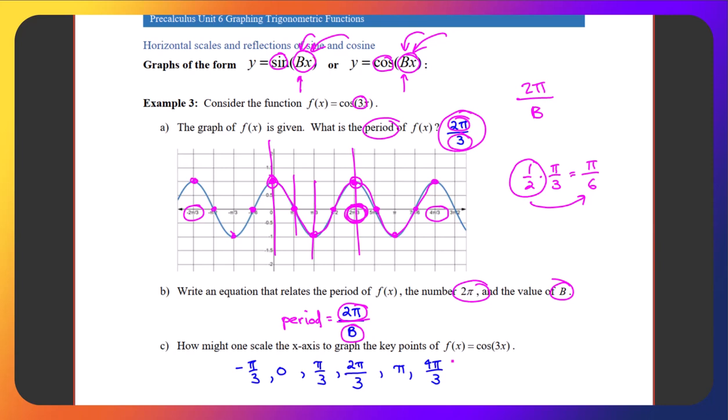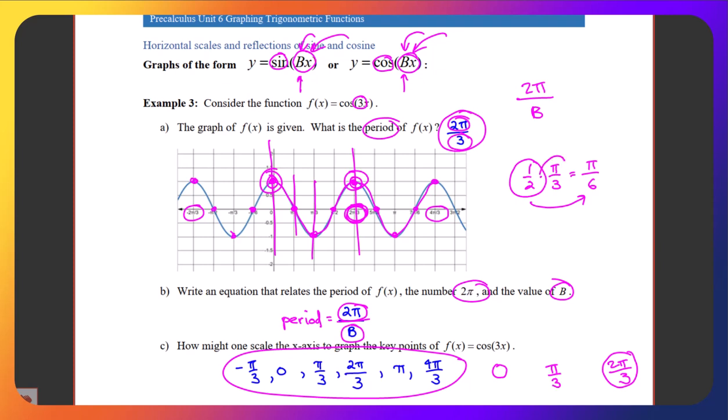So we could say something like this, but let me be more specific. We could say we start the cosine graph at 0, and we're going to end it at 2 pi over 3. Well, to get 5 points, we have to divide this in half. So that's 2 pi over 3. Half of it is 1 pi over 3.